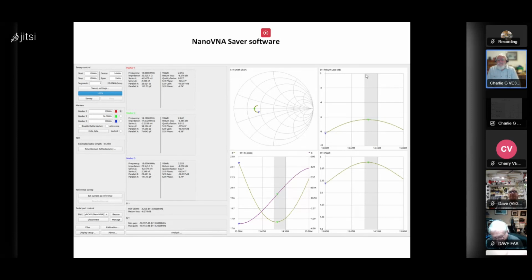The information that you put into the NanoVNA is the same stuff that you do on the screen. It's just a slightly different interface, and the display is the same stuff that would get displayed. It's just broken out into a few different charts rather than having them all on the same little screen.